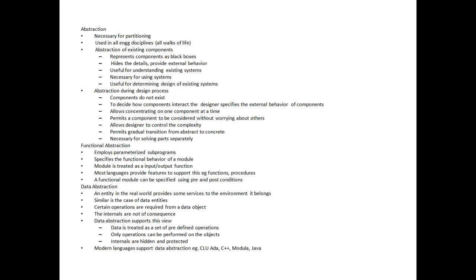So from outside an object, the internals of the objects are hidden and only the operations on the objects are visible. Data abstraction forms the basis for object-oriented design, which we will discuss in the next topic. Currently, we are going to discuss only function-oriented design.